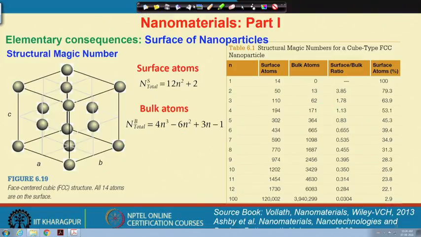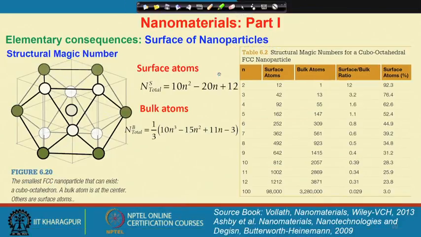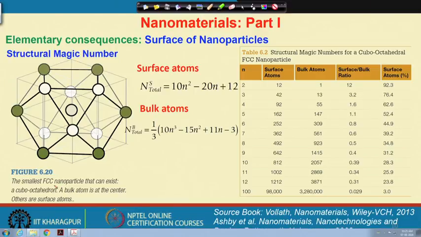So, a large number of atoms are present on the surface. Now, we consider that in case of an FCC it becomes another type of structure, same FCC, but the smallest FCC nanoparticle that can exist inside a cubo-octahedron, because we have considered here a cube actually, and here these are the cubo-octahedron particles. So, here also the structural magic number we can express.